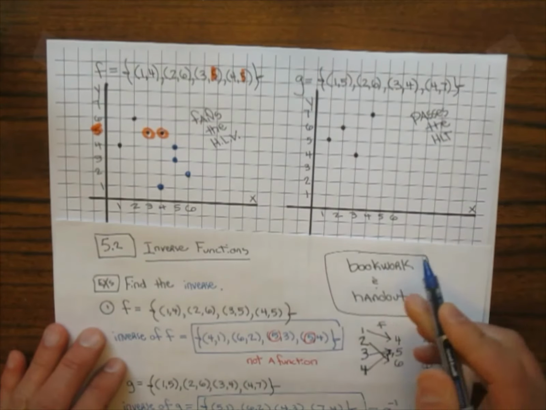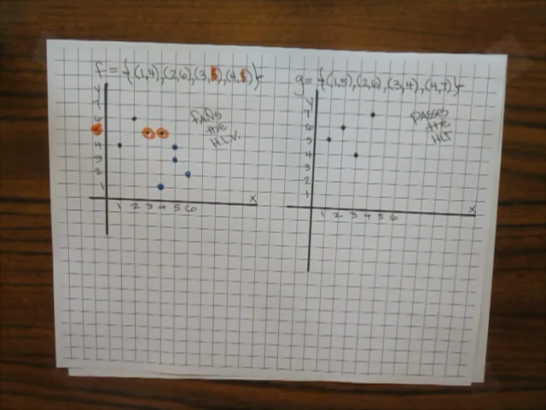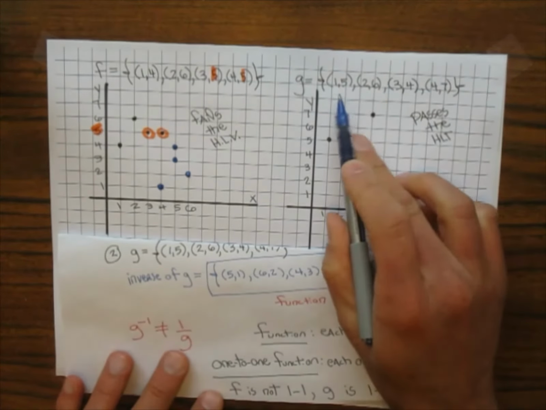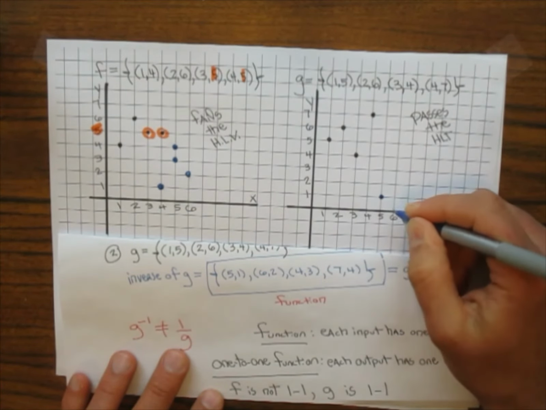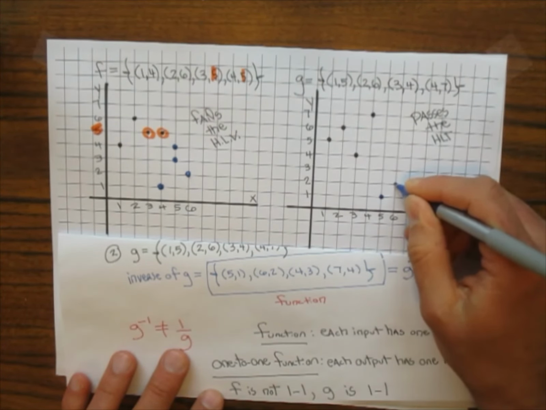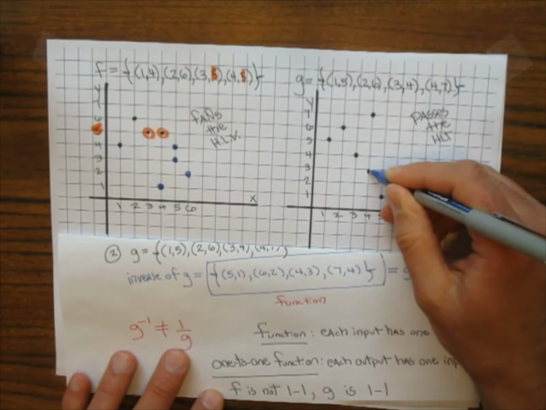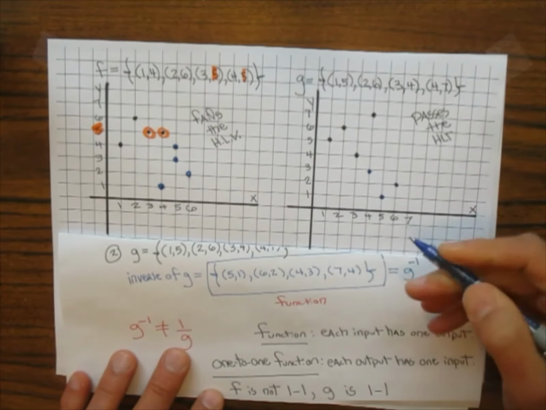Now, we could graph the inverse of that. So here's problem 2. Here's the inverse. And I could just switch the coordinates. So 5, 1, 6, 2, 4, 3, and 7, 4.